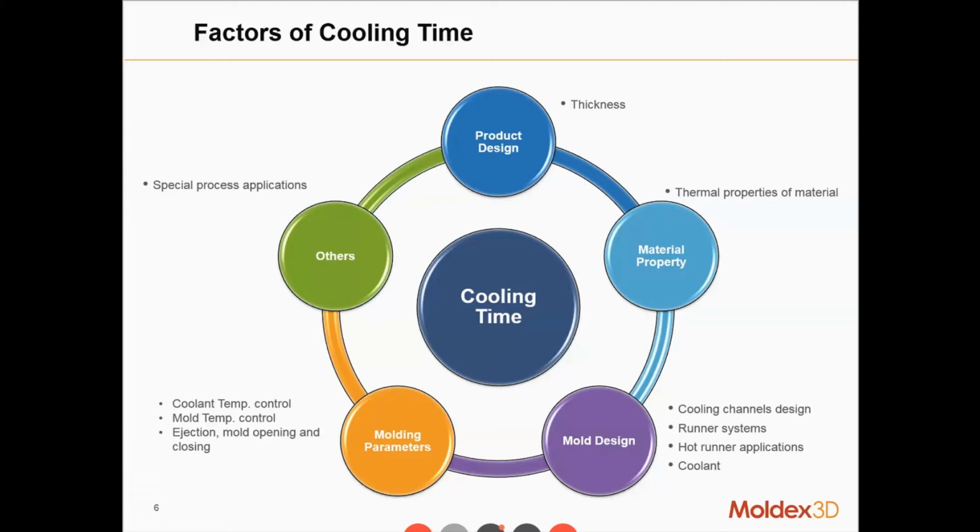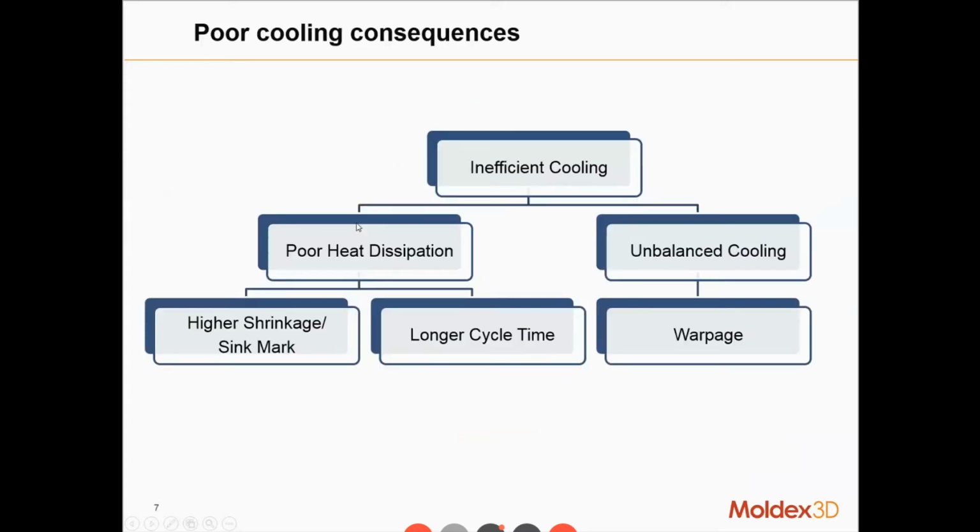If there is a specific part that cannot be cooled down properly, regardless of the design of the cooling channel or the molding parameters, some product manufacturers would choose to use special injection molding to improve the situation with cooling.